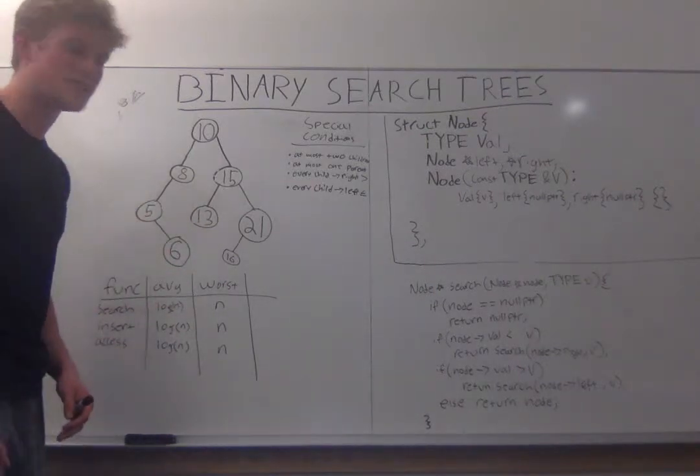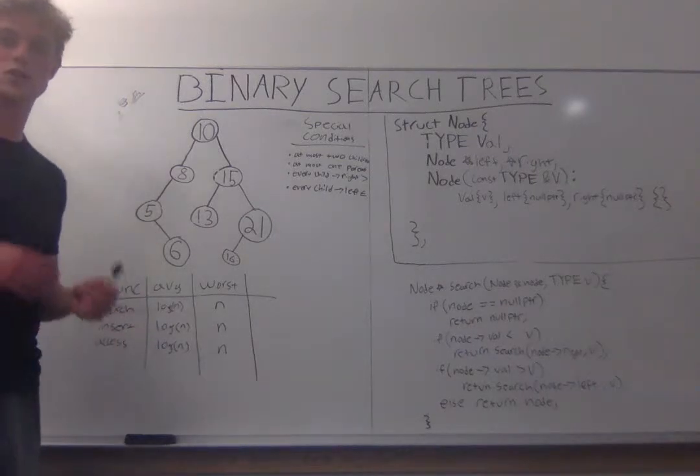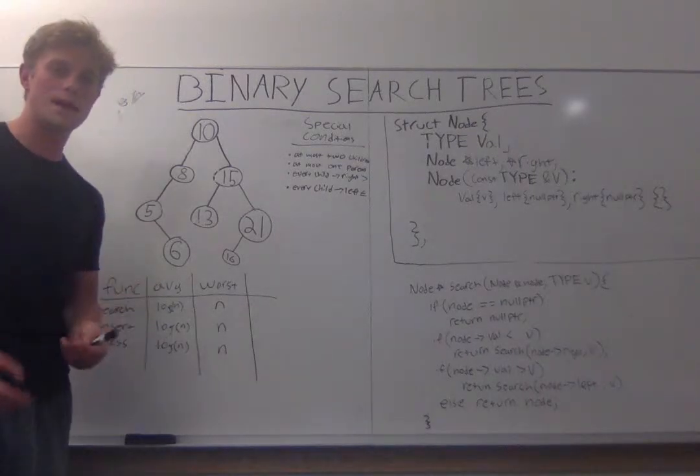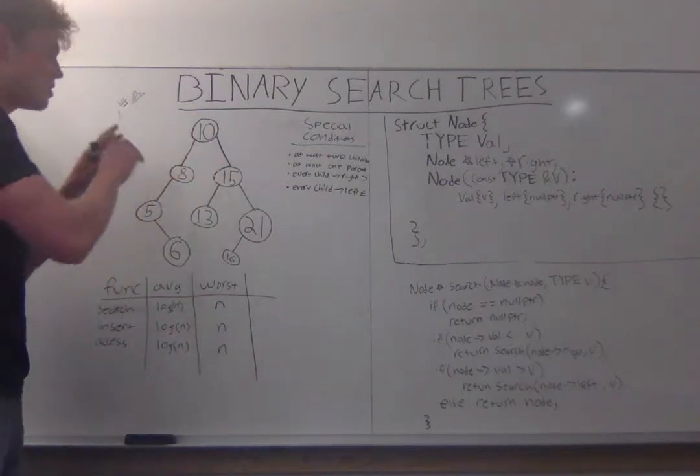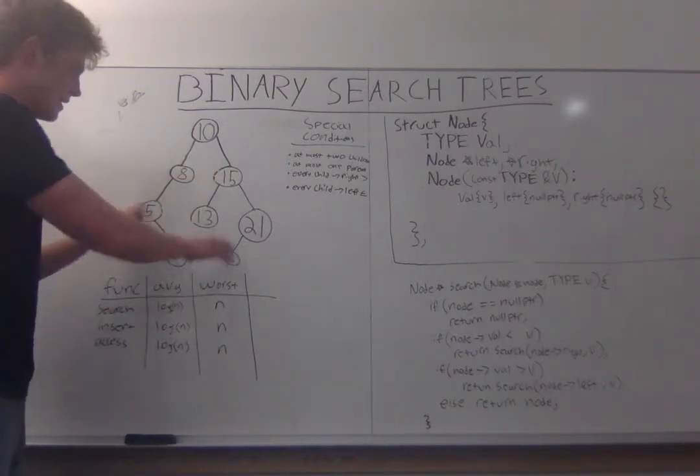And what you'll see is that this is very good in practice because normally we have randomized data. So our trees will be somewhat similar to this, where they're pretty even, spread out like this.